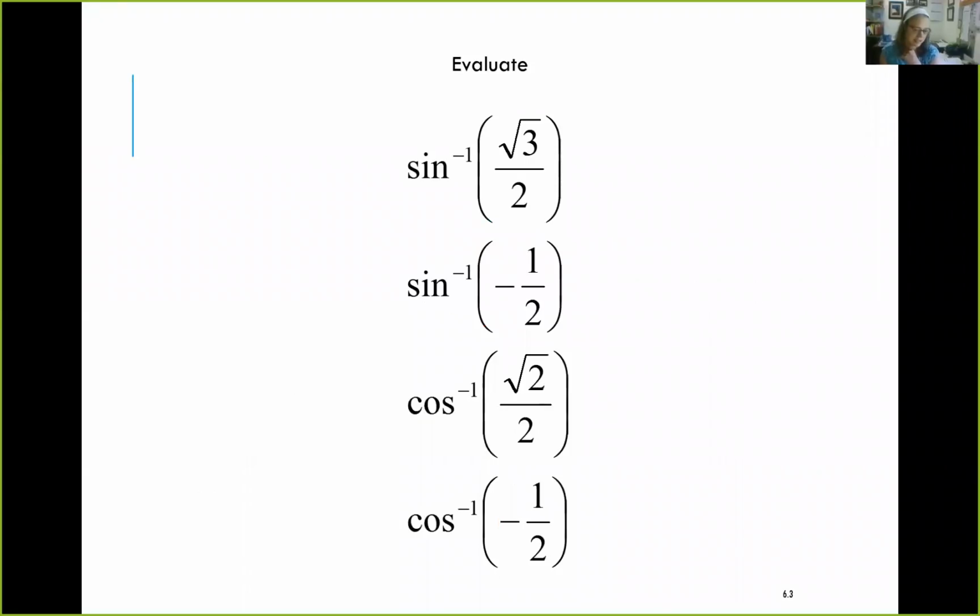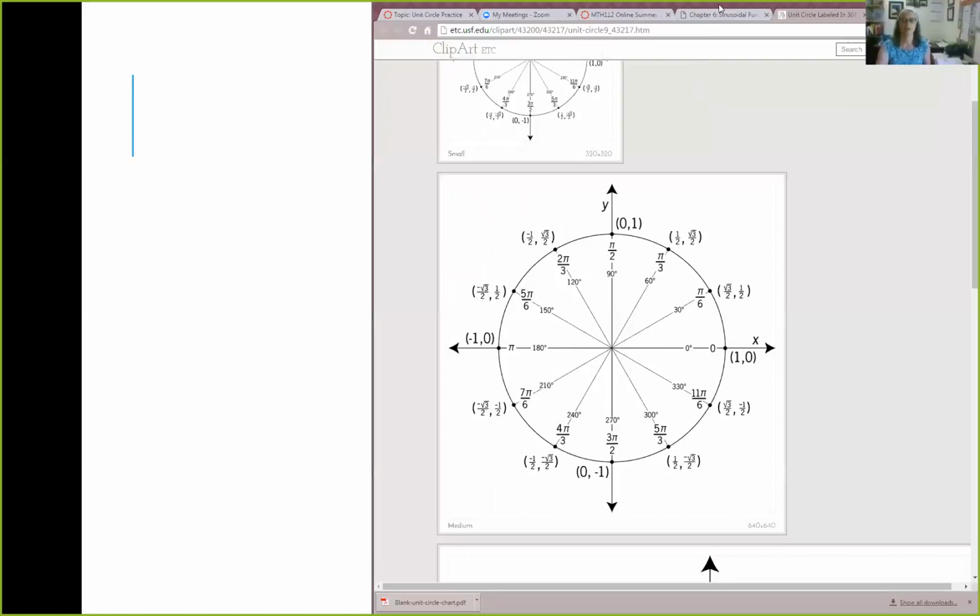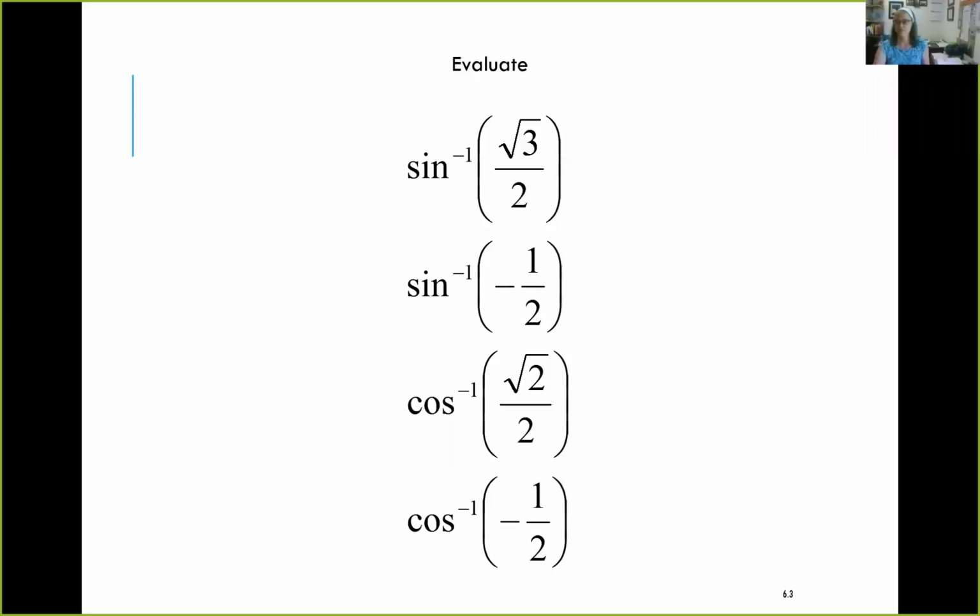The inverse sine of √3/2. Take a look at your unit circle if you need to. What angle has got inverse sine √3/2? And remember what we restrict our sine to. Sine is restricted to the positive x-axis, right?